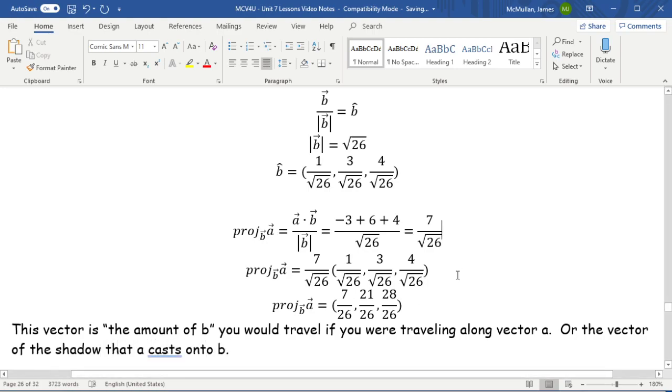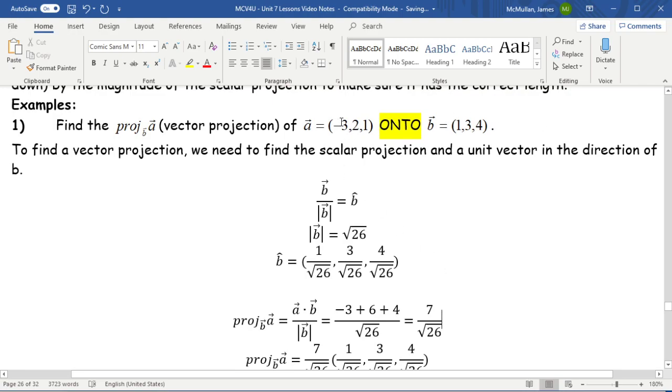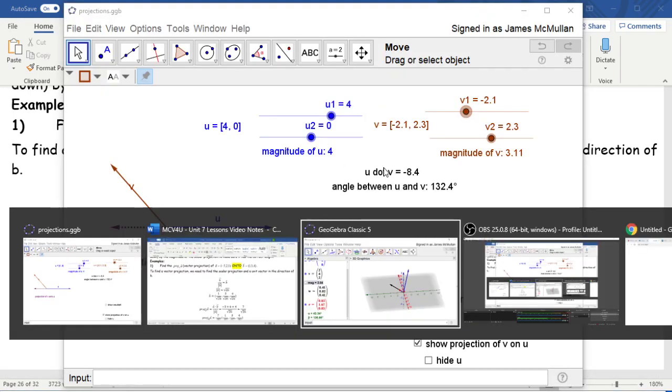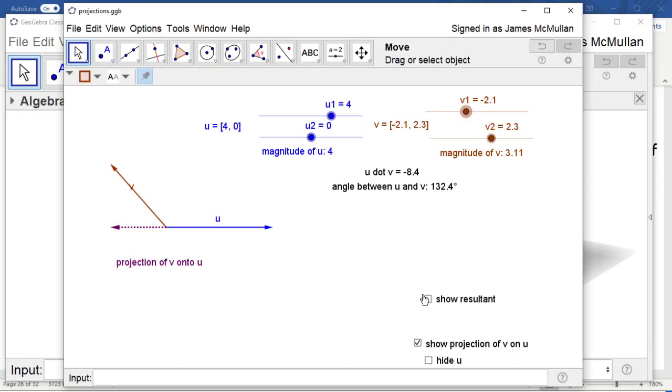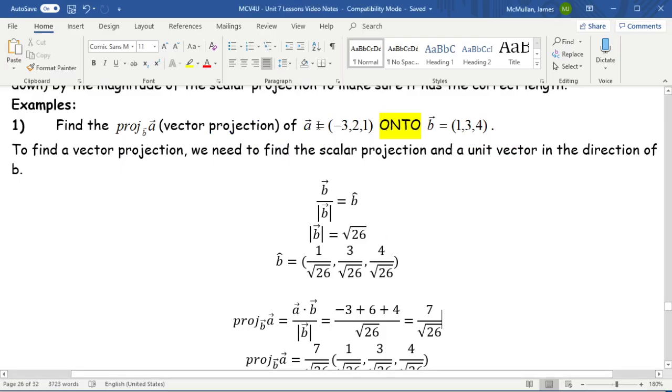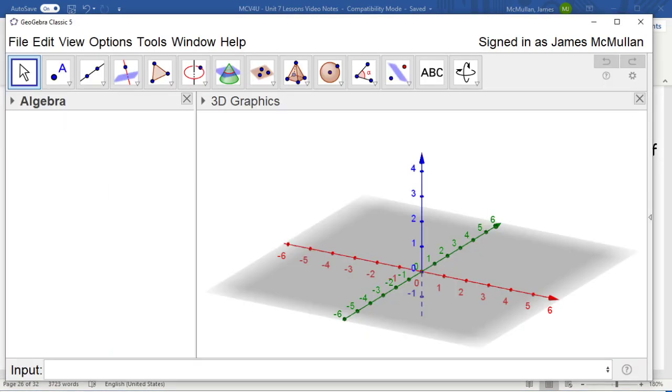Now again, let me draw this so that you can see what it looks like. So let's just start this all over again. Okay, so we're going to begin with vector A, negative 3, 2, 1. Okay, vector B is 1, 3, 4.